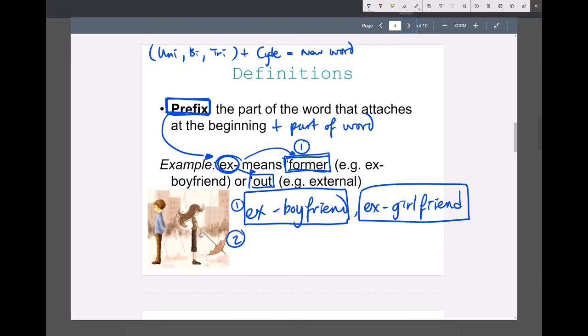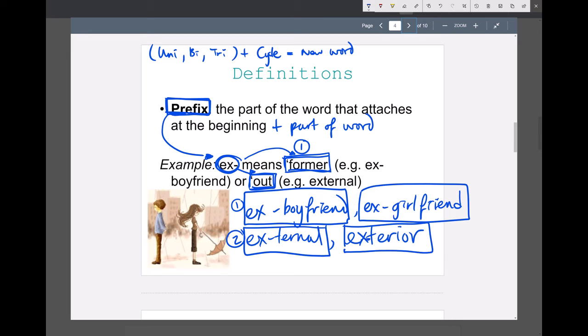Here, if you use the word part ex to mean out of, outside of, you can have external, or exterior. And let me show you how you can see the way the prefixes work.